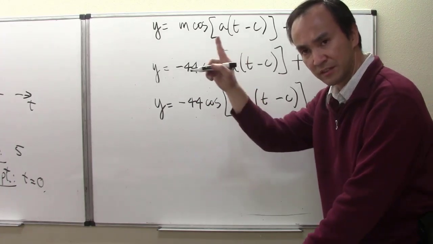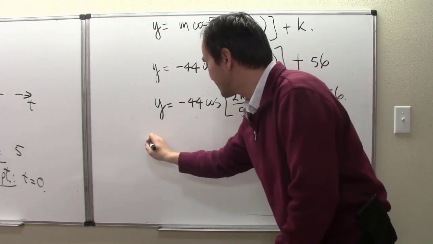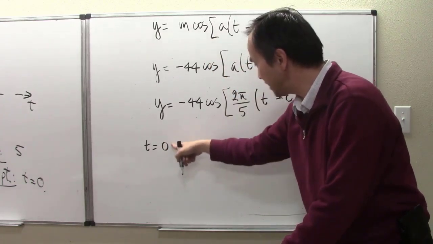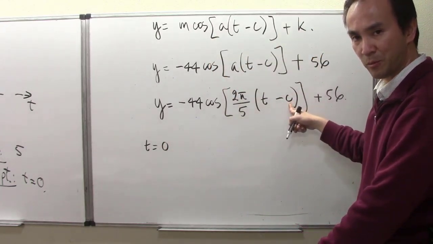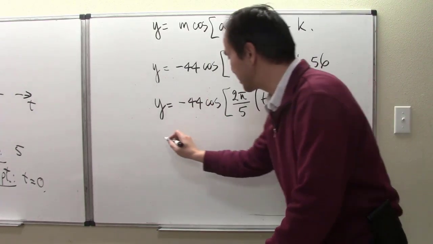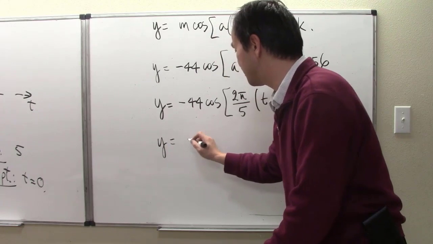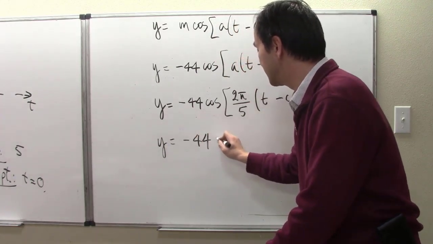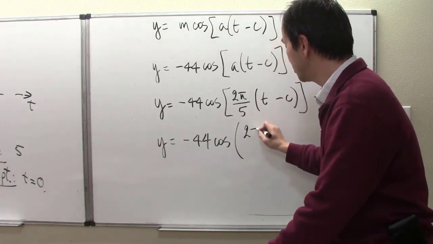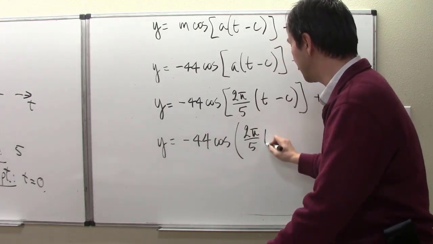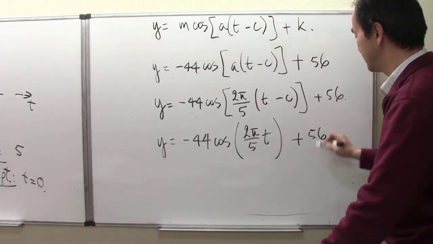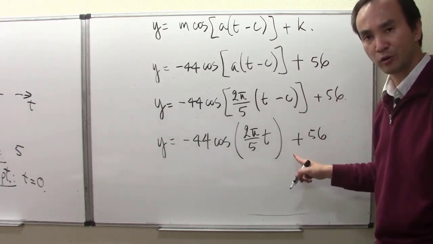Now with the given starting point t equals 0, I can substitute that in as designated here. And so our function now is completed as y equals minus 44 cosine of 2 pi over 5 times t, plus 56. And that is how we have completed our modeling function.